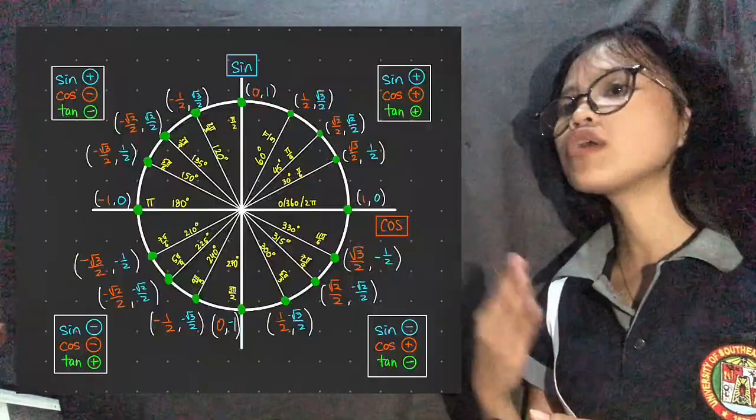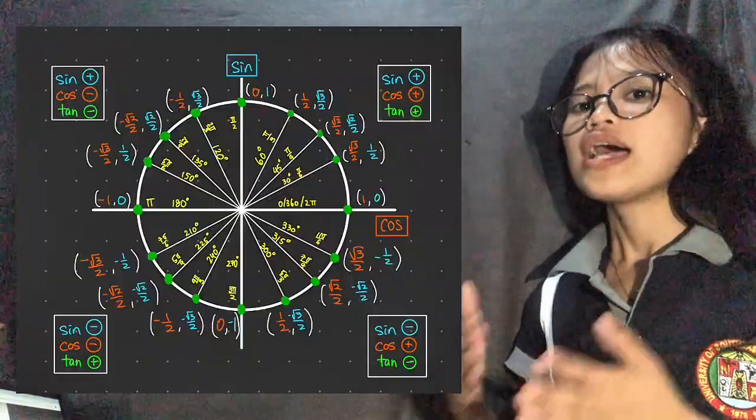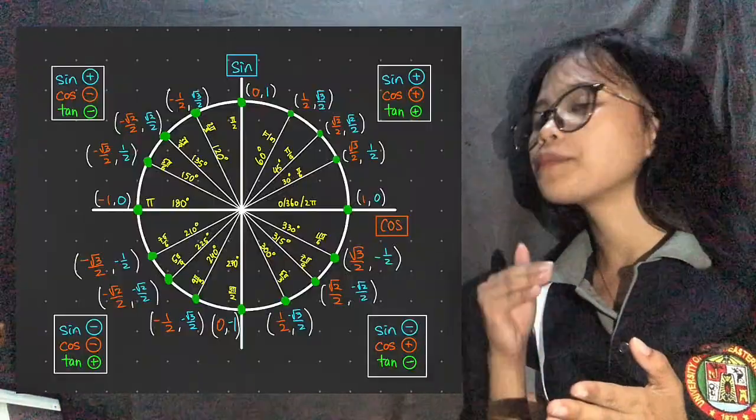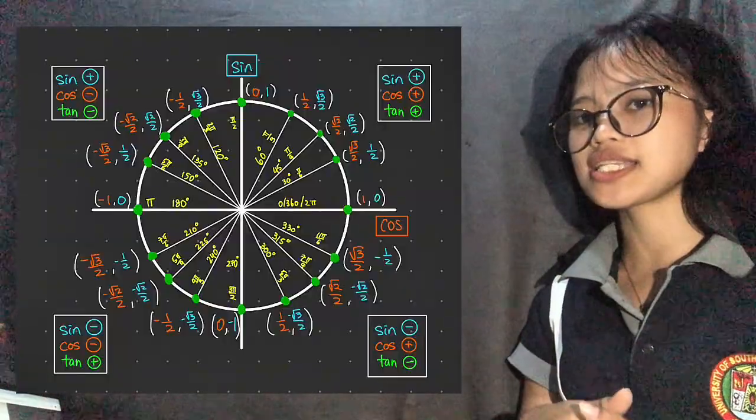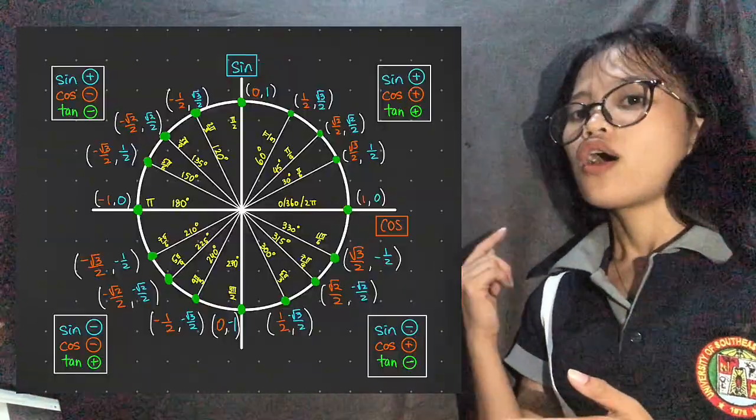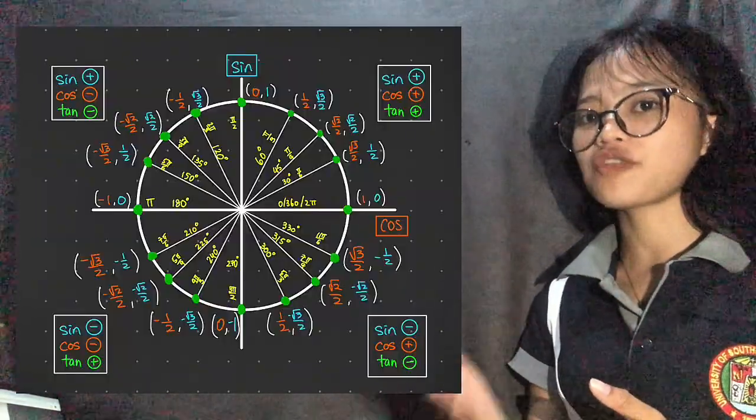Now, what do you think is the value of tangent of pi over 6 and 5 pi over 4? If we look at the unit circle, tangent pi over 6 is equivalent to 1 over square root of 3, and tangent 5 pi over 4 is equivalent to 1.